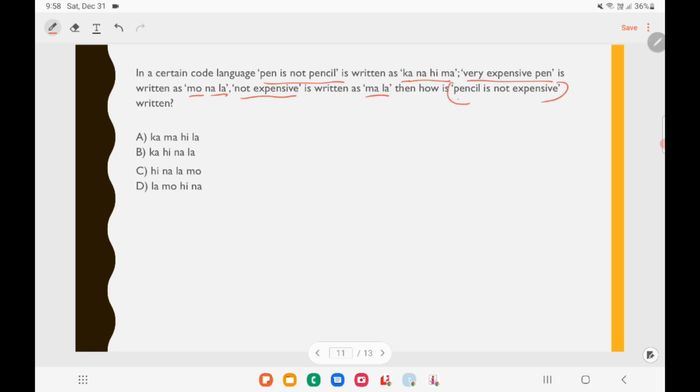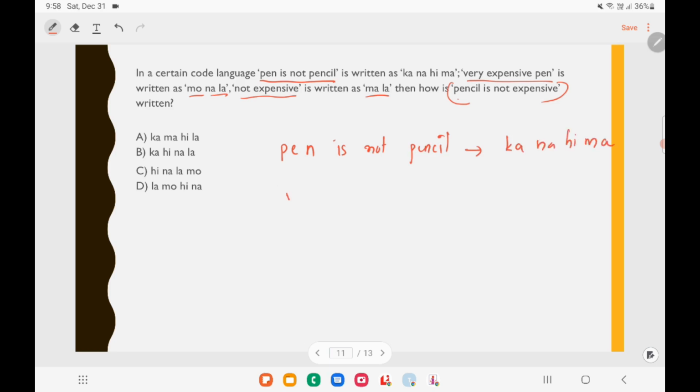So in these type of questions, what you need to know is, "pen is not pencil" is written as ka, na, hi, ma. It doesn't mean that pen corresponds to ka, is corresponds to na, not corresponds to, it's not like that. It can be any letters. Okay. So "pen is not pencil" corresponds to ka, na, hi, ma.